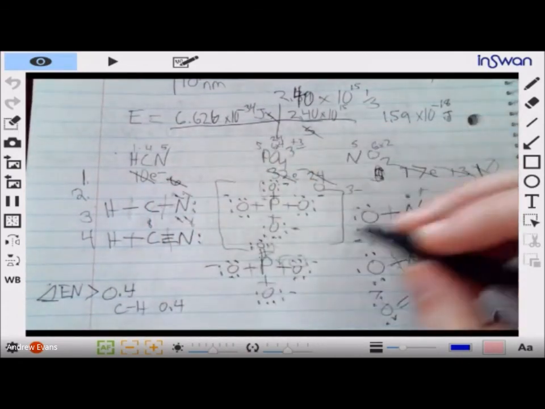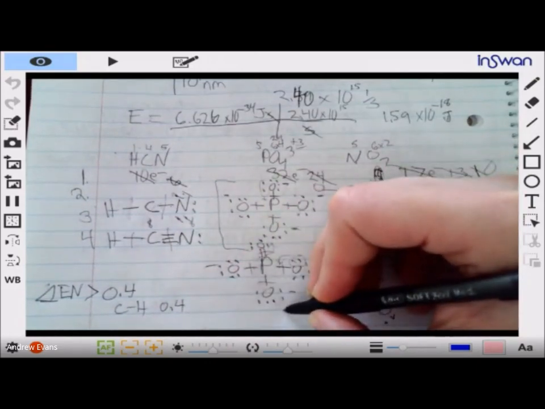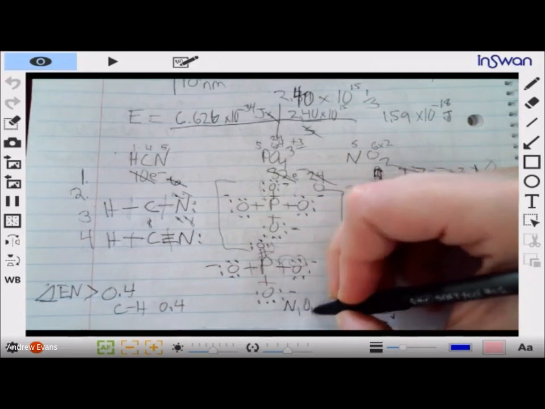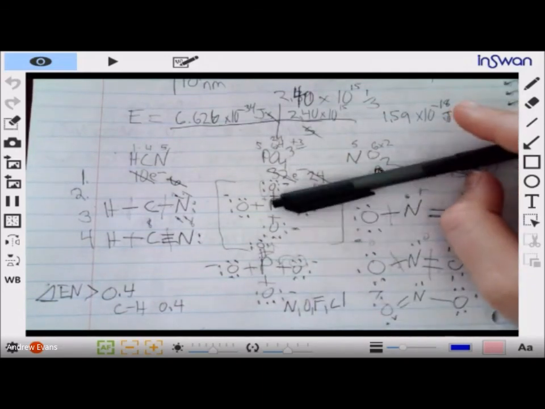But the big thing to look at is if you have these 4 elements: N, O, F, and Cl.